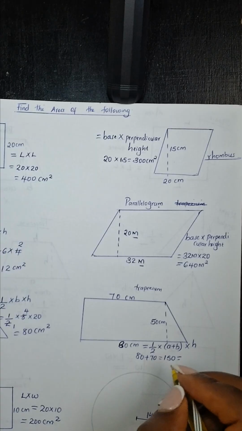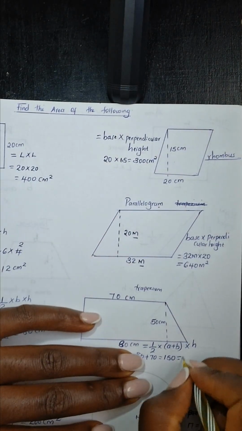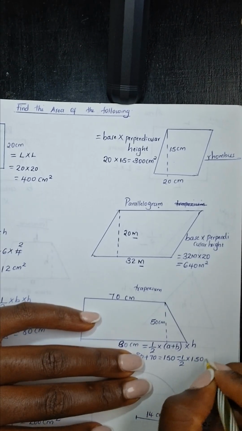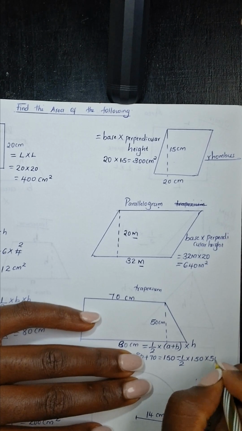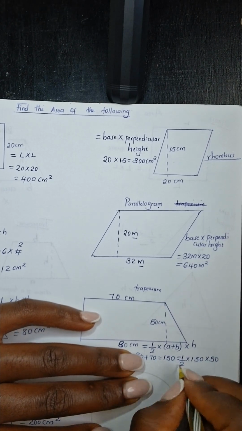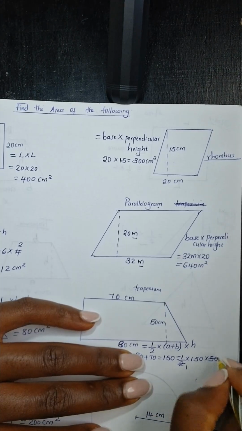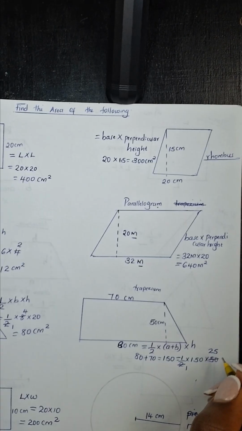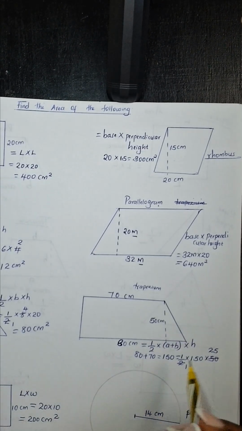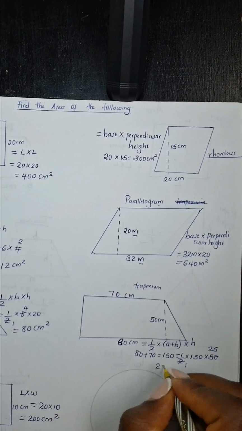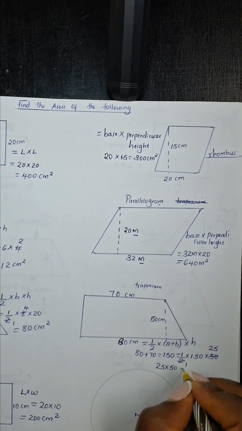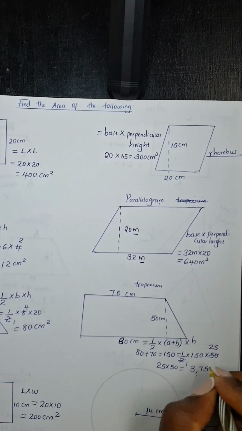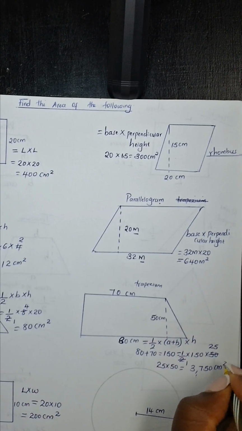So I will then replace and say a half times 150 times 50, okay? So by 2, 1, by 2, 25, okay? And 50, 25 times 50 is 3,750 centimeters squared, okay?